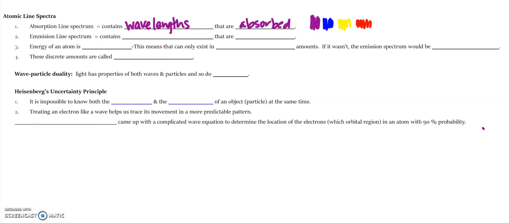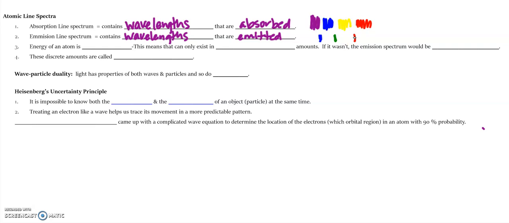This is where your wavelengths are emitted. So this would be whatever's right here and right here and here. And you're only going to see a few distinct lines.